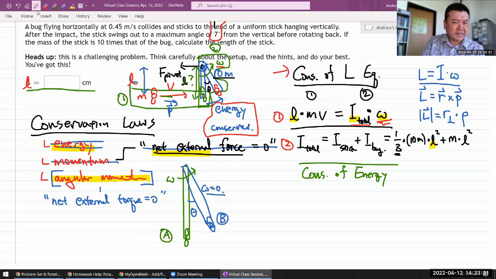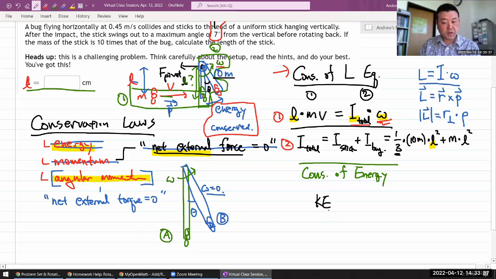And here the easy trap to fall into is to say, okay, at A everything is kinetic, and at B everything is potential. So kinetic energy at A is equal to potential energy at B. And while there's a way to do that right, there are so many places where people can make mistakes. I'd rather just slow down and do this properly.